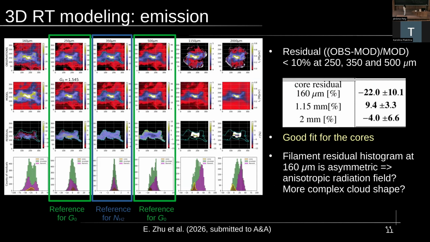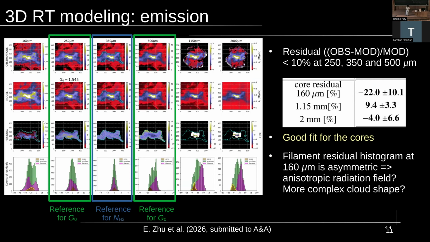So here in this figure, you can see the modeled emission. In the first row, you see the observations at different wavelengths. Second row shows the modeled emission. Third row shows the residuals. And in the last row, I plot the residuals at each pixel as a histogram.